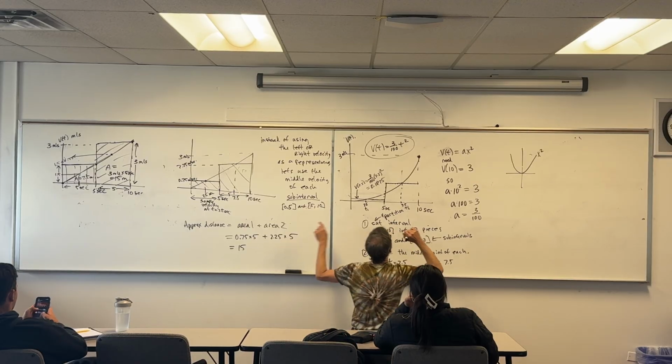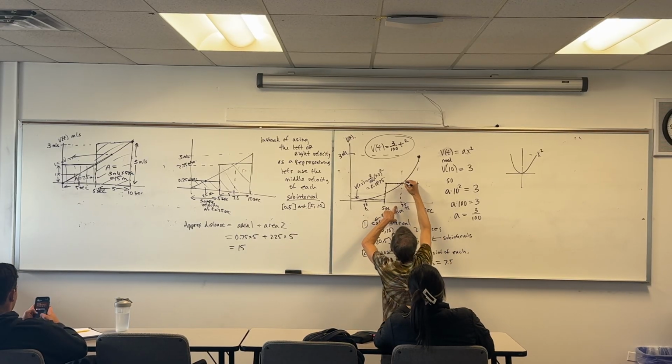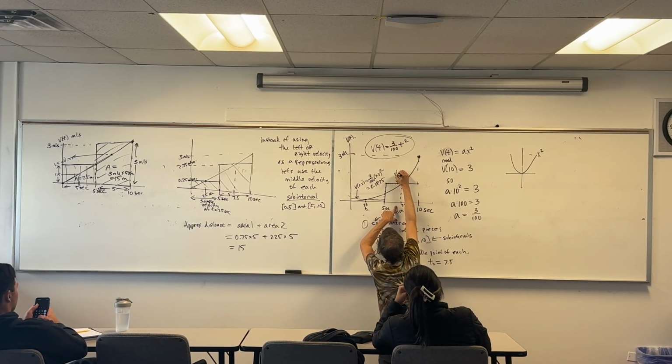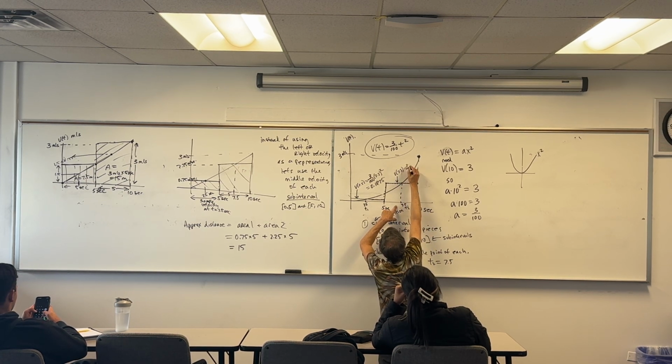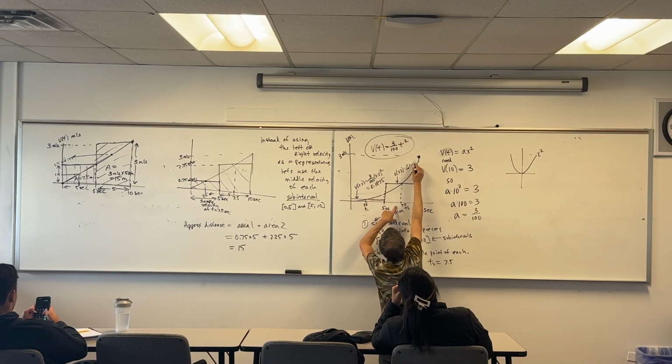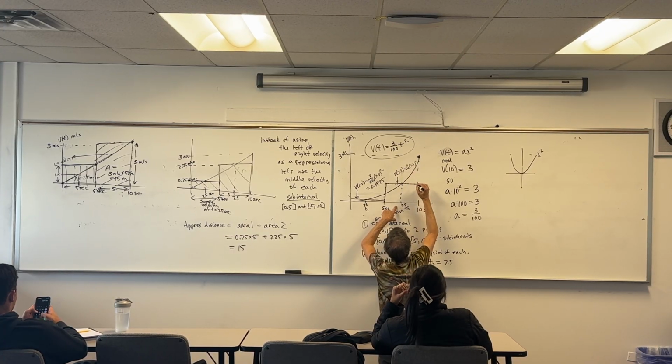That's beautiful, thank you. And then we're gonna take this one with a height of v of 7.5. And so that's 3/100 times 7.5 squared. And what do we get for that one?